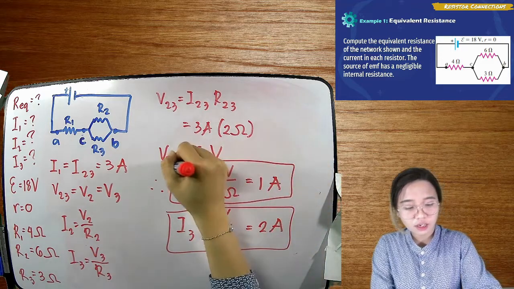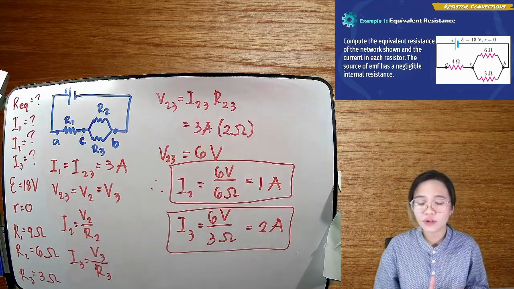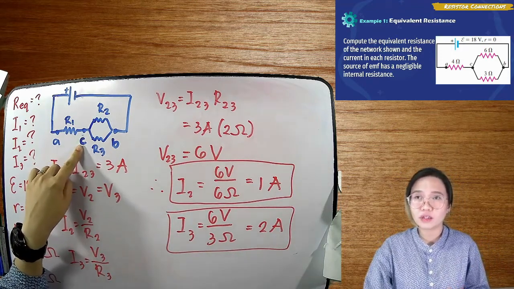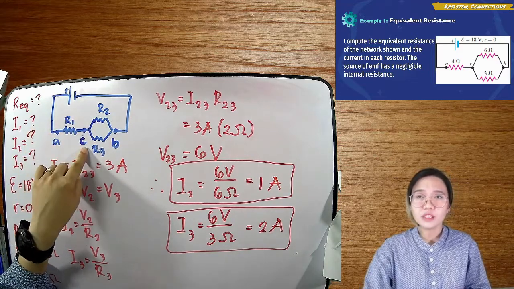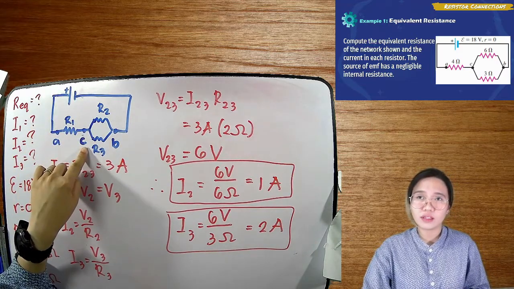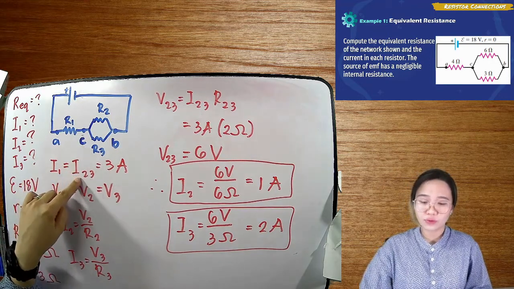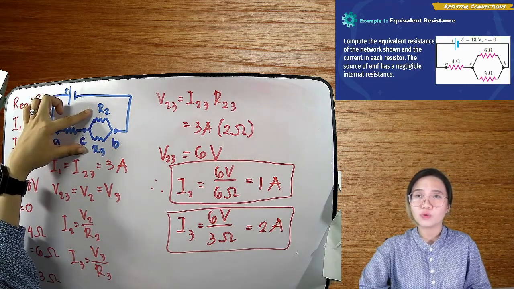So checking our answer if this is logically correct. Let's have again the concept for parallel connection. For parallel connection, your R2 and your R3, the current is being divided. So your IEQ here is your I23, the current in the combination of your R2 and your R3, which is your R23.